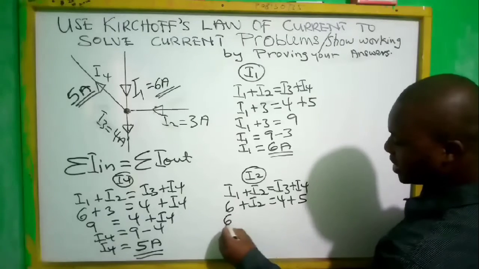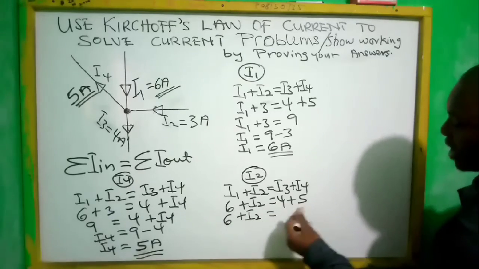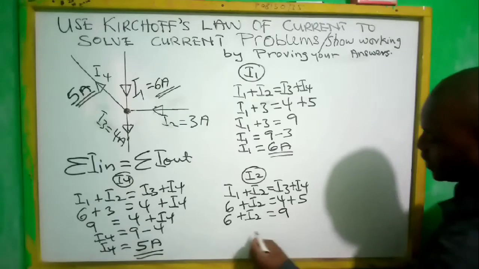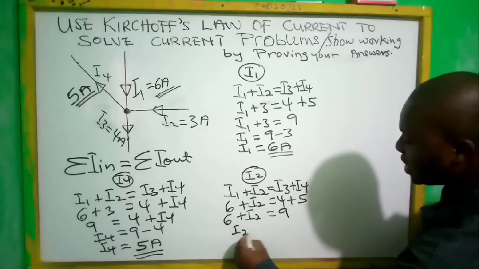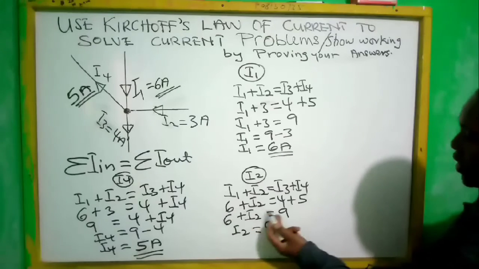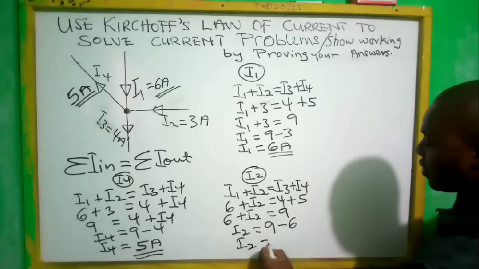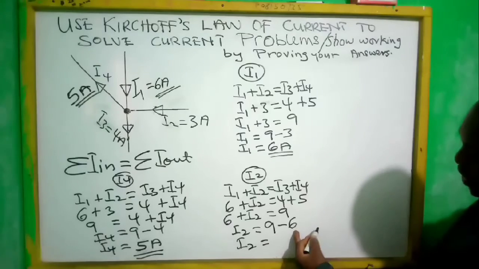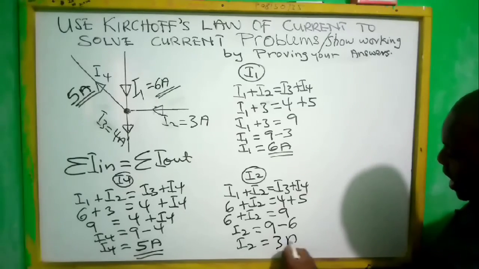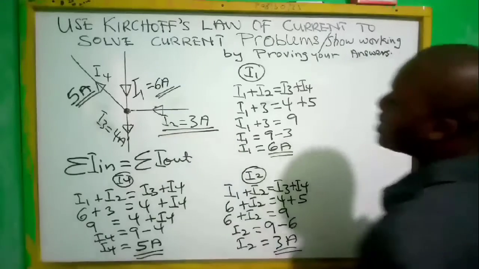So 4 plus 5 is 9. So I2 is equal to 9. When 6 crosses the equal sign, it becomes minus 6. So I2 will give us 9 minus 6, which is 3 amps. You see that we arrived at the same answer.